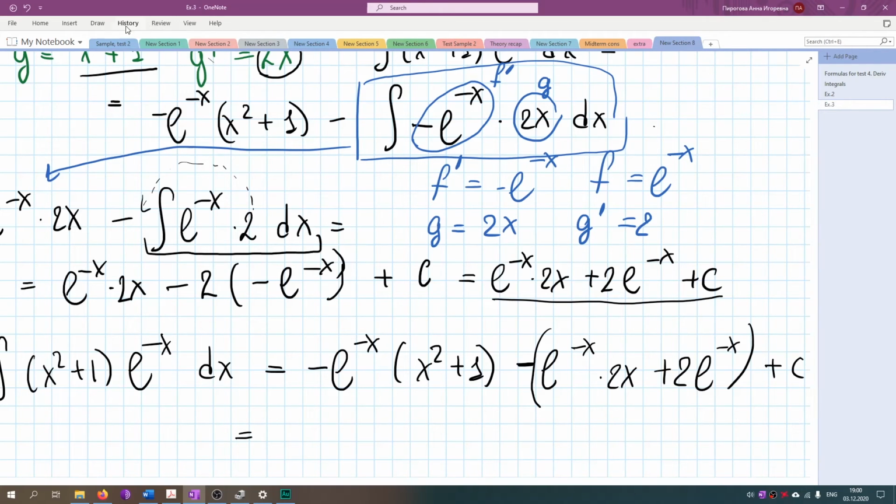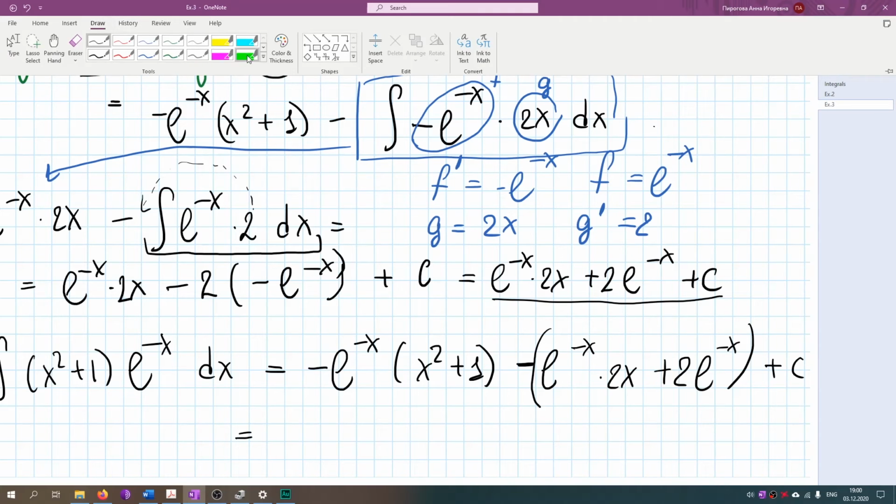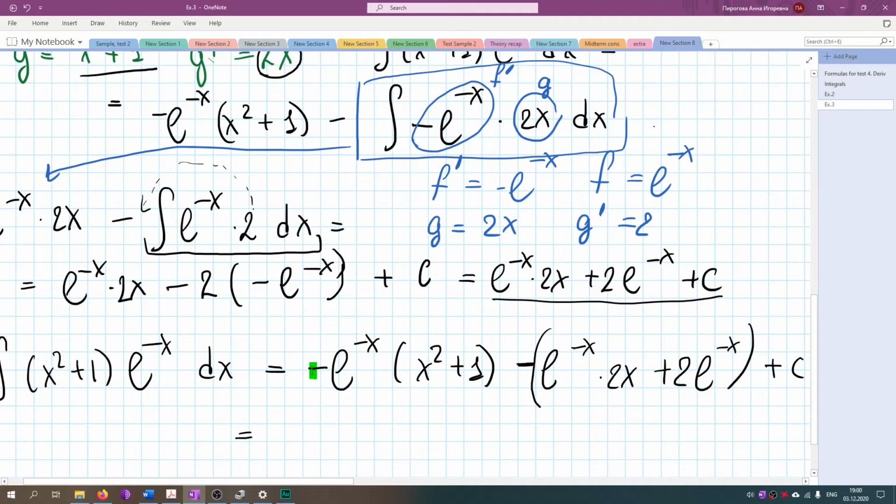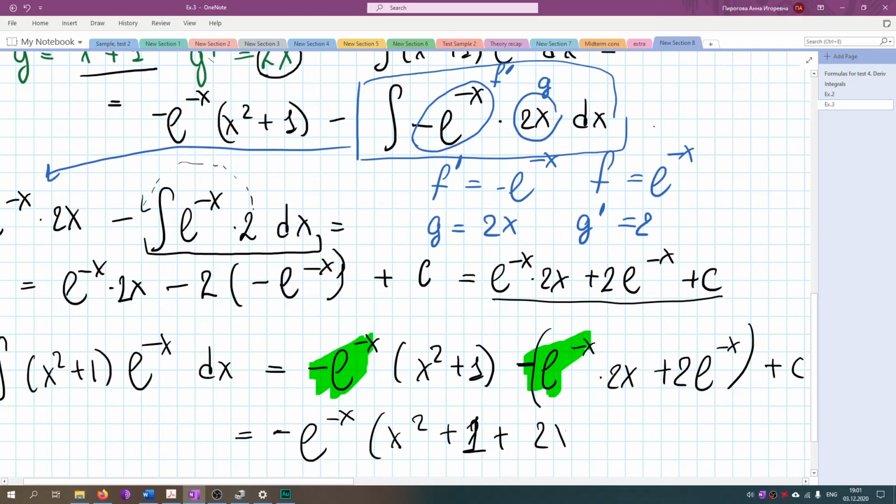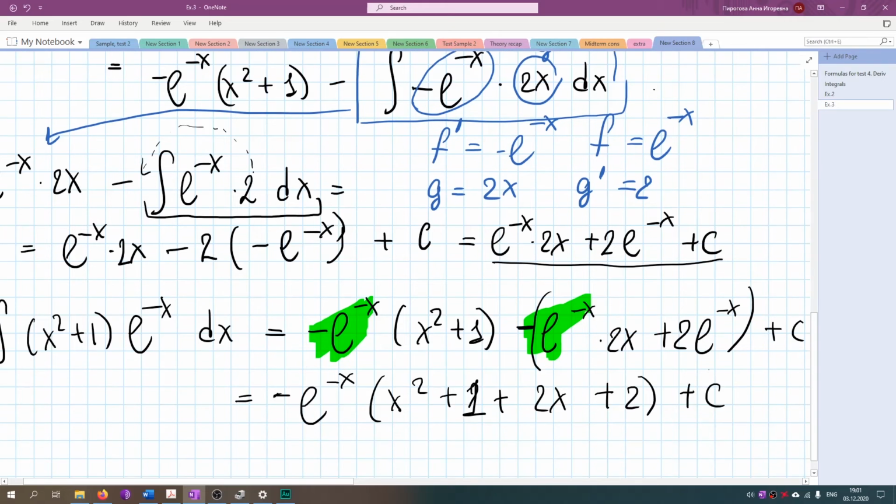And we can take this thing out of the brackets. So it will be minus e in the power of minus x multiplied by x squared plus 1 plus 2x plus 2 plus c.